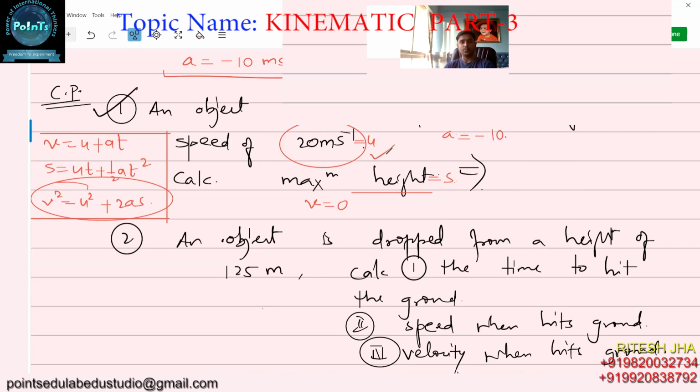So you have u, v, a, s in front of you, so obviously you will be using the third equation. That is 0 squared equals 20 squared plus 2 into minus 10 into s, that is h. When you solve this, you'll get the answer 20 meters. Easy. Okay, do the second one.